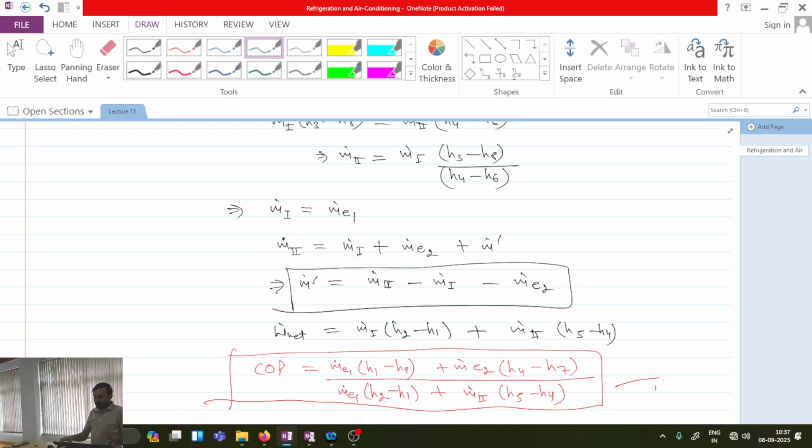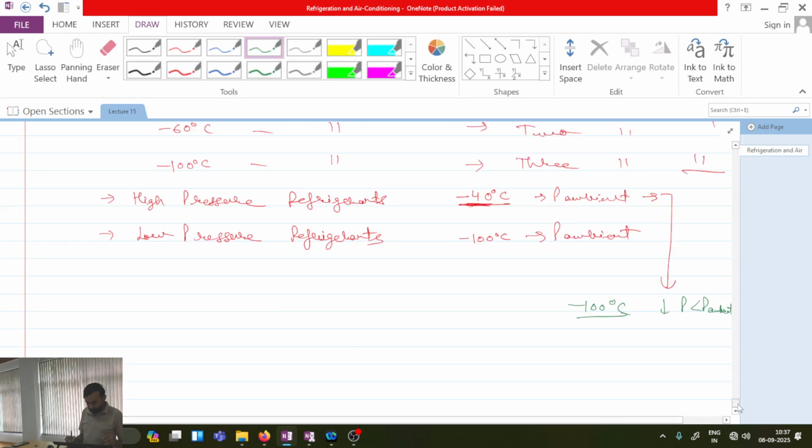So if we have to use high pressure refrigerants for very low temperature conditions, then other than the larger size of the compressor, their evaporator has to be maintained always at lesser pressure than the ambient pressure, and whenever we operate at lesser pressure than ambient pressure, then chances of leakages are more.